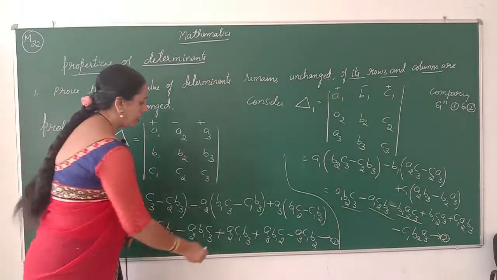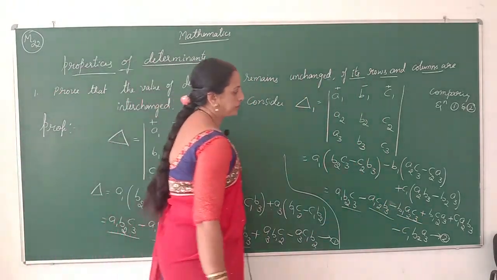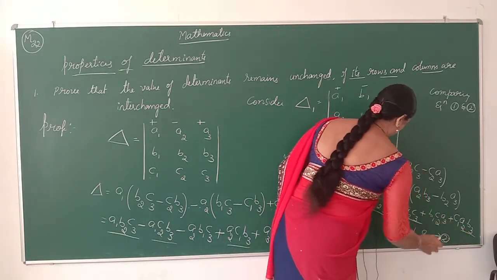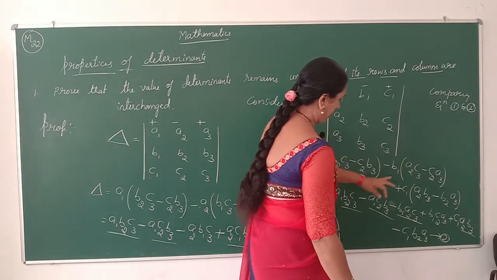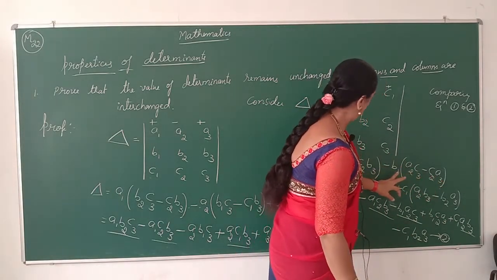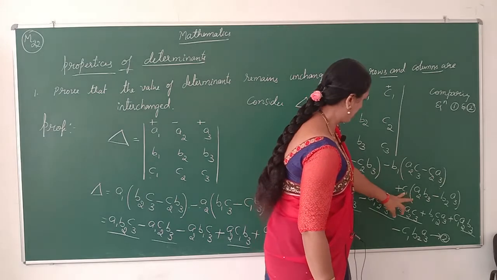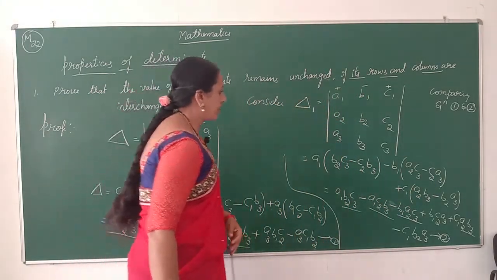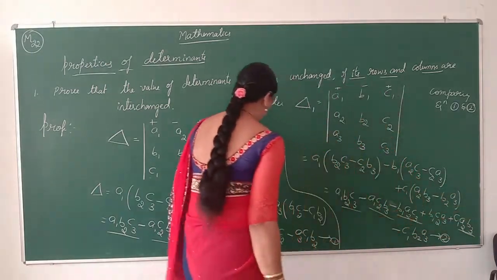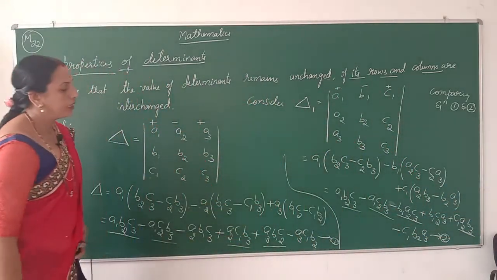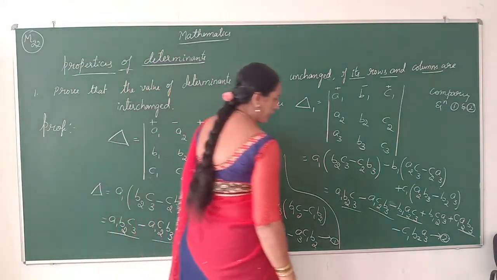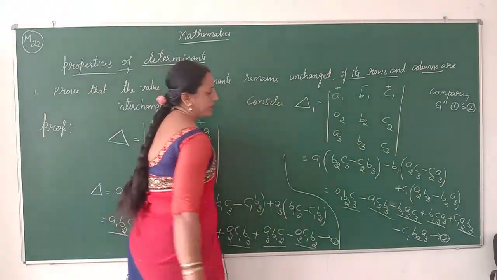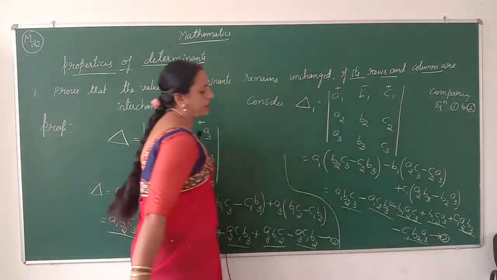Fourth element is plus A2 C1 B3, plus A2 C1 B3. So plus A3 B1 C2, plus A3 B1 C2, minus A3 C1 B2, minus A3 C1 B2.